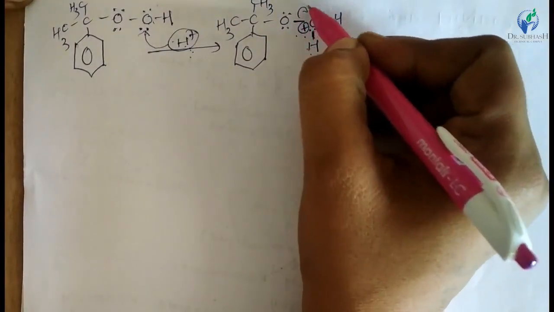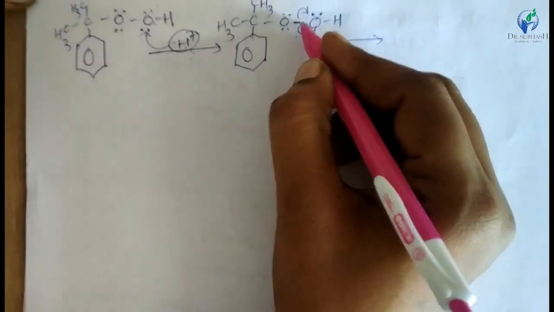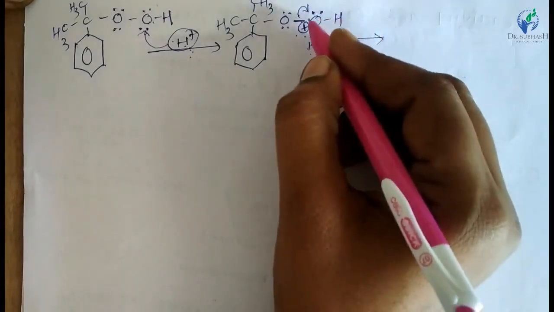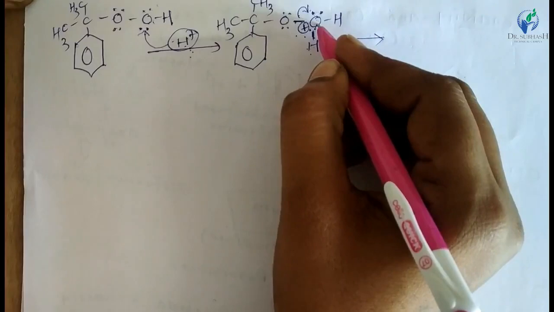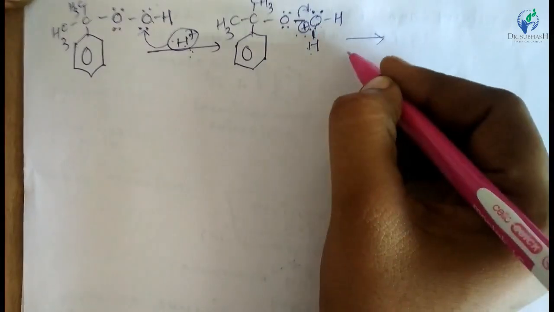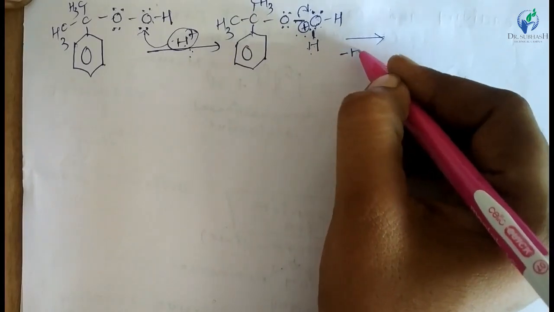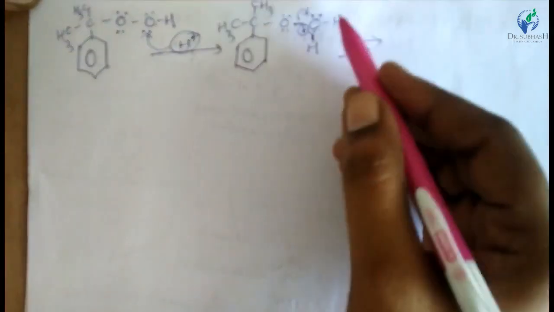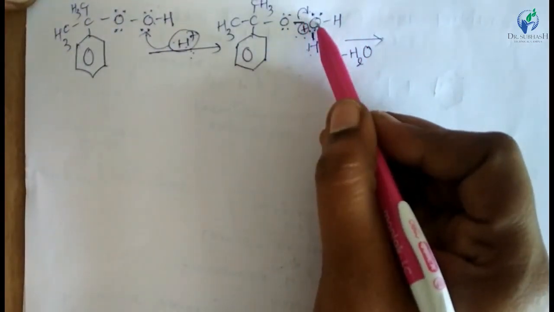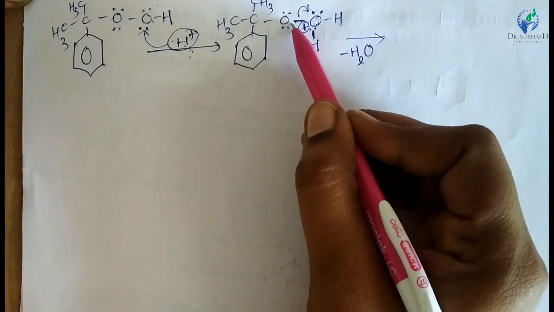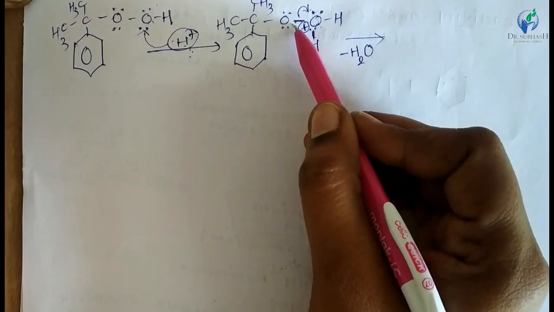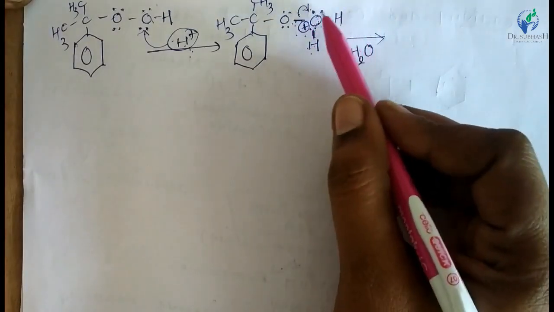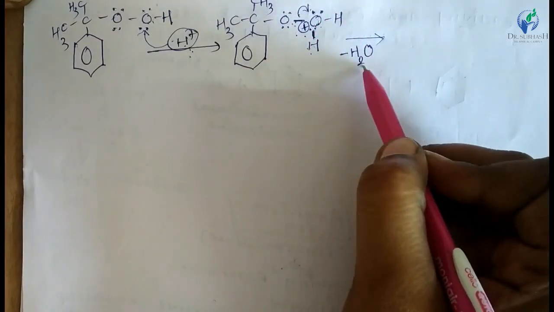This bond gets broken down and the electrons of this bond are pulled out by this positively charged oxygen, right? And it is released in the form of a water molecule. This oxygen acquires its lone pair of electrons from this bond, so that this bond is broken down and the water molecule is released, right?